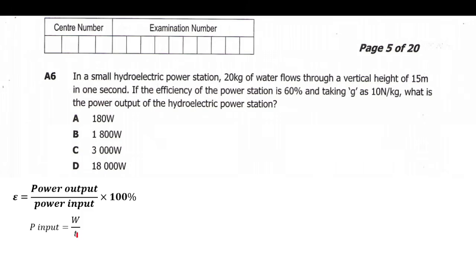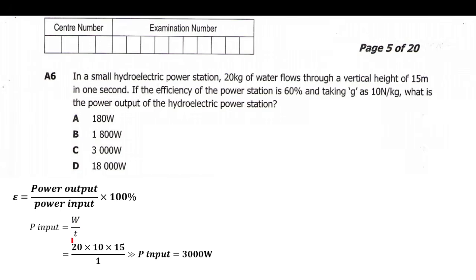That is the formula for power. Then work here is found by 20, which is the mass of the water, times 10, which is the acceleration due to gravity, then times 15, which is the height, because work is given by force times distance.